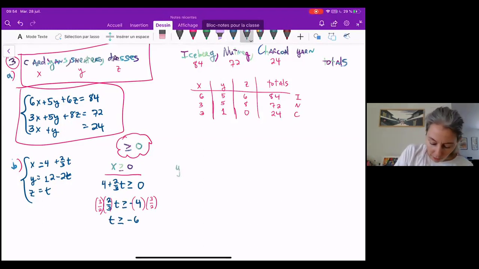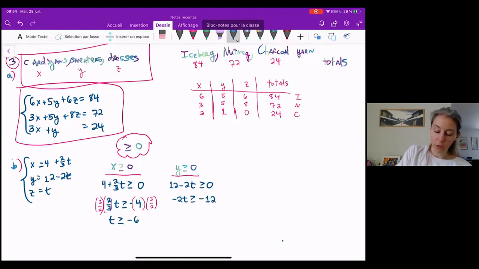Then I'll go to y greater than or equal to 0. And that's 12 minus 2t is greater than or equal to 0. So that's minus 2t is greater than or equal to -12. So then I divide by -2. What is division or multiplication by a negative number?